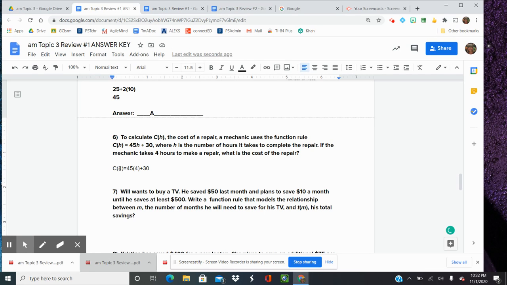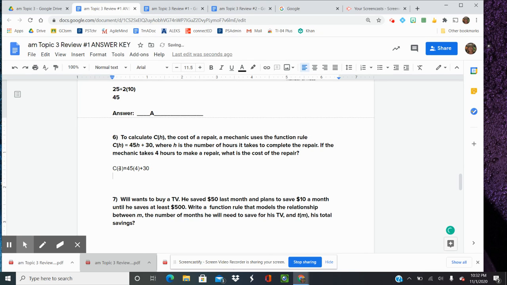That's exactly what I'm doing. So C of 4 is equal to 45 times 4 plus 30, which ends up being 210.